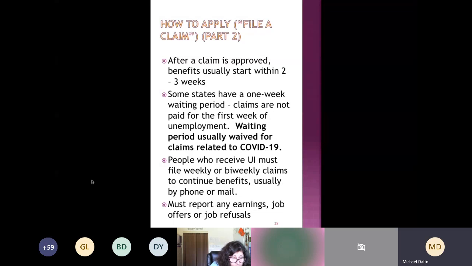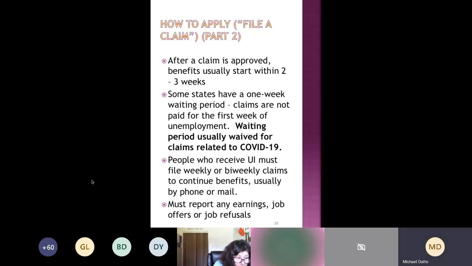Now, there are some states that ordinarily have a 1-week waiting period. This means you might be found eligible as of one particular week, but they won't give you a benefit for that week. They won't give you a benefit starting until the following week, although they may pay the first week's benefit at the end of your benefit period after you've stopped receiving all other regular payments.